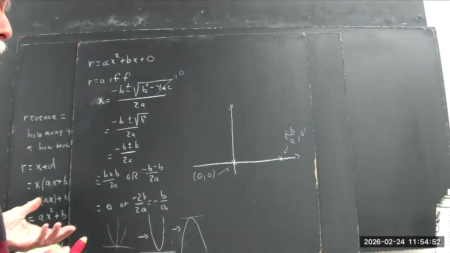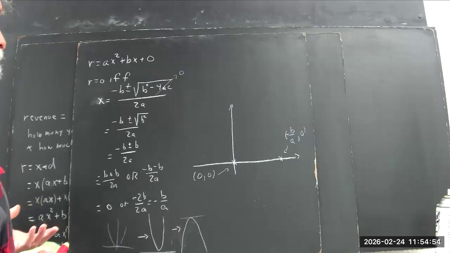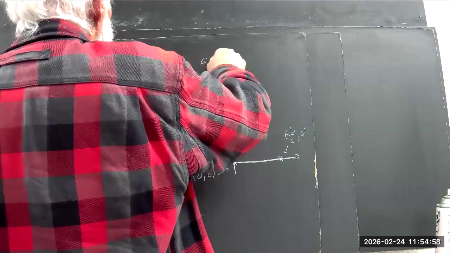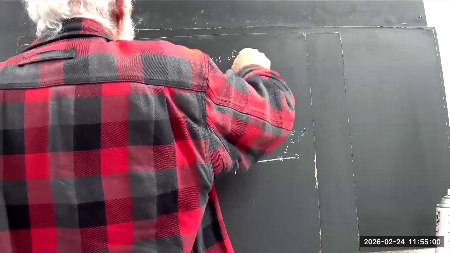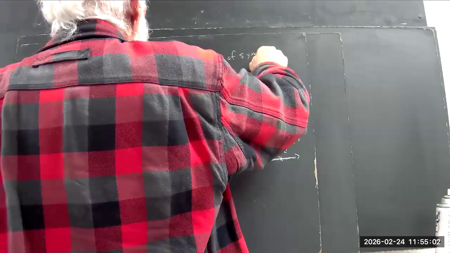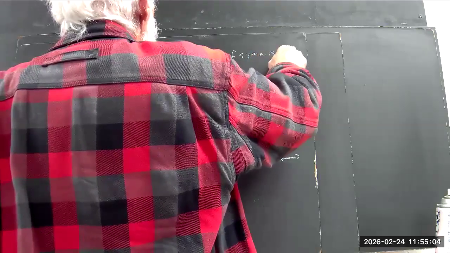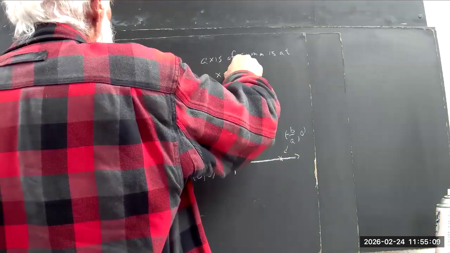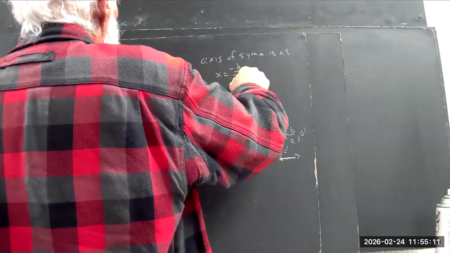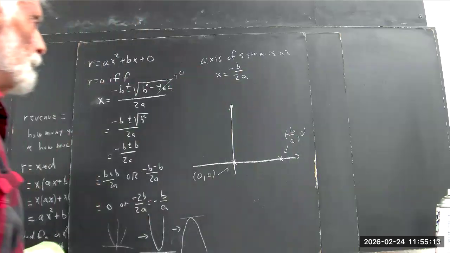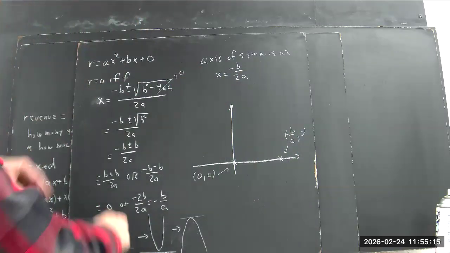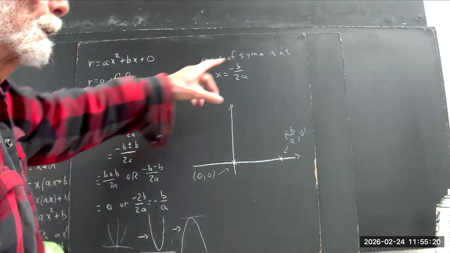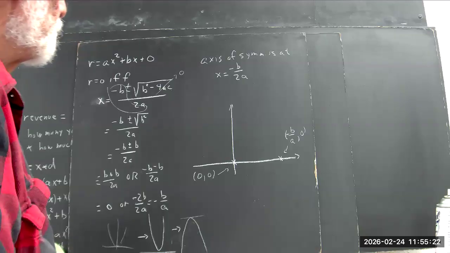where's the axis of symmetry? The axis of symmetry is that x equals negative b over 2a. You read that off of the quadratic formula, right there it is. X equals negative b over 2a.